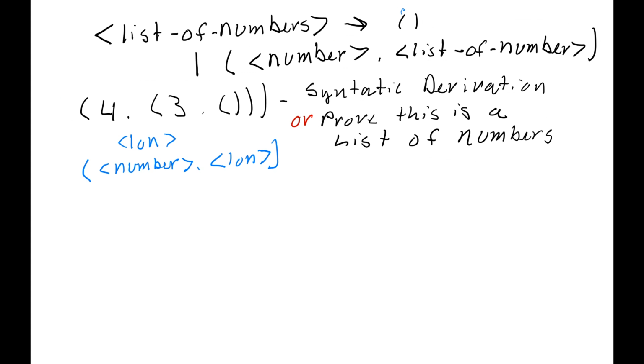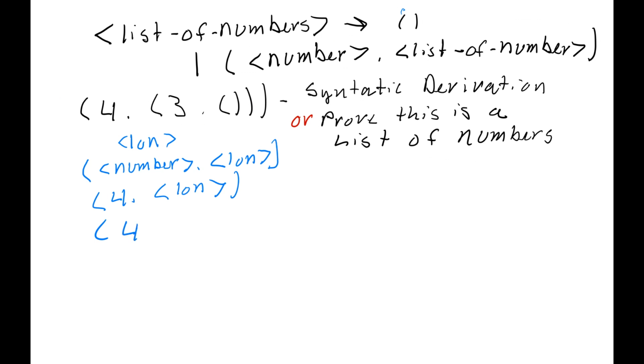Okay. Now the number I'm just going to replace with 4. And this list of numbers right here needs to be replaced with this part right here. So for now, I'm just going to write list of numbers. And now in the next step, I'm going to replace the list of numbers with this part right here.